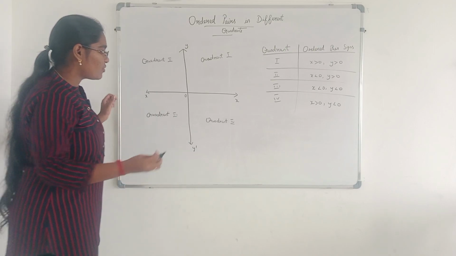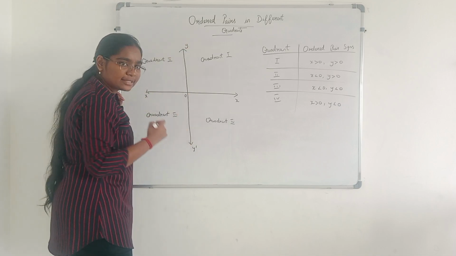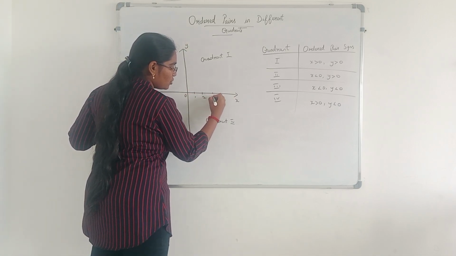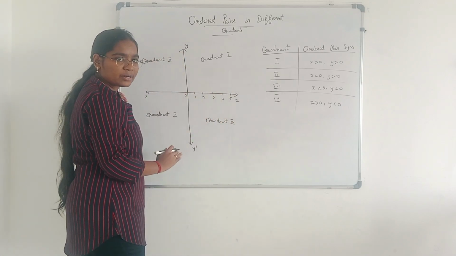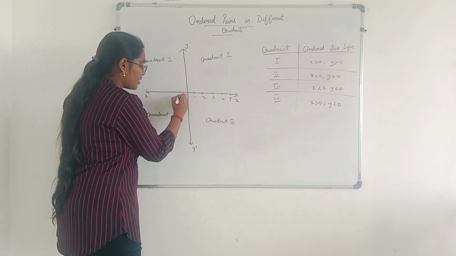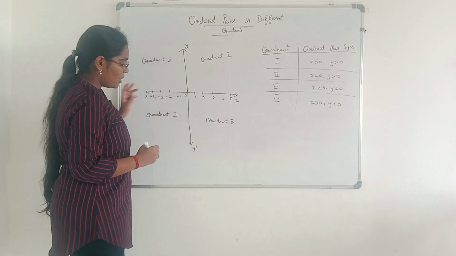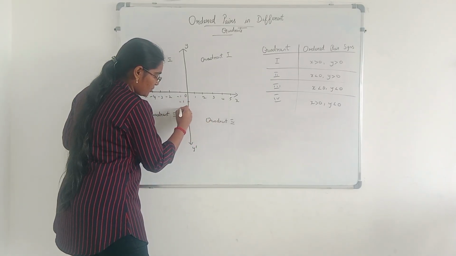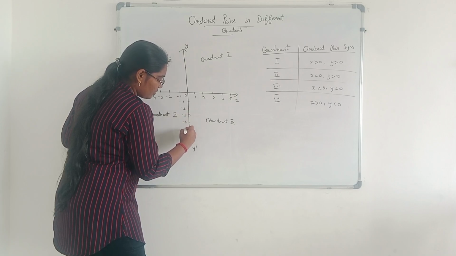First of all, on the x-axis we plot the points, and on the y-axis we plot the points. On this side, 1, 2, 3, 4, 5 and so on, full of positive numbers. This side is full of negative numbers, -1, -2, -3, -4. Below we have negative numbers, -1, -2, -3, -4, -5.